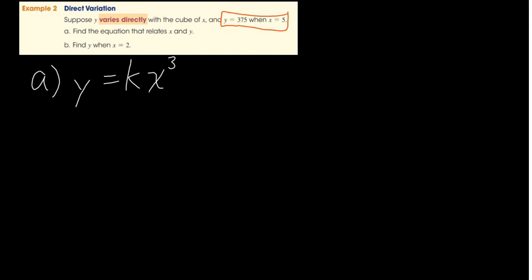So again, first thing that we did was figure out what the equation was. The second thing we're going to do here is plug in the x and y to figure out what my proportionality constant is. So 375 is y. That's equal to k, and if I plug in a 5, I'll just go and do it.